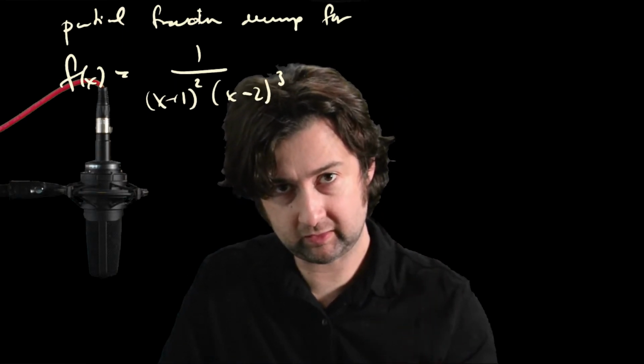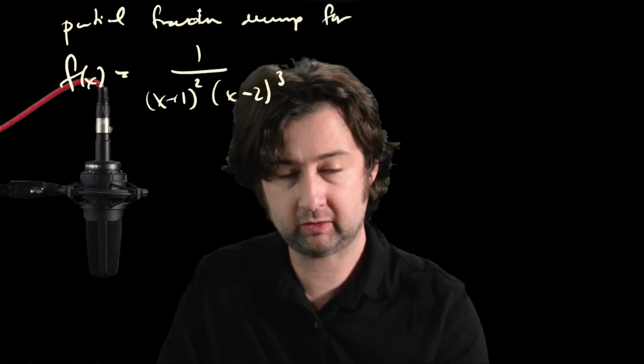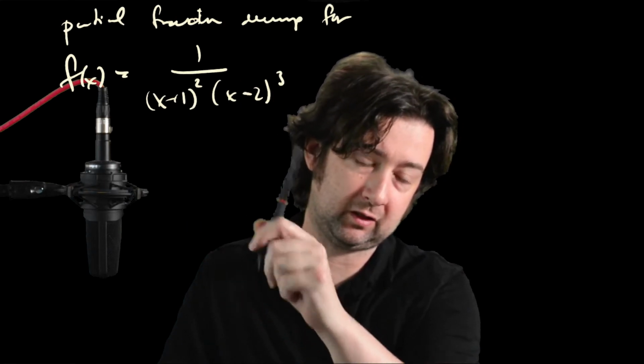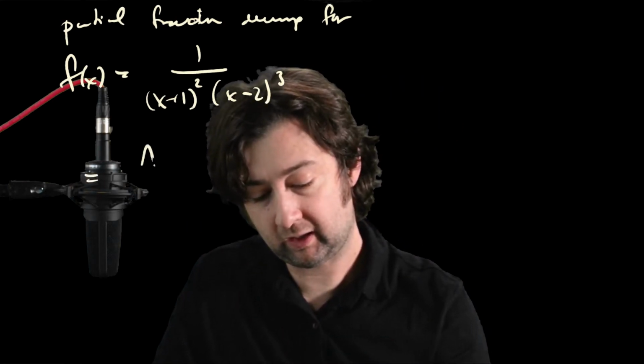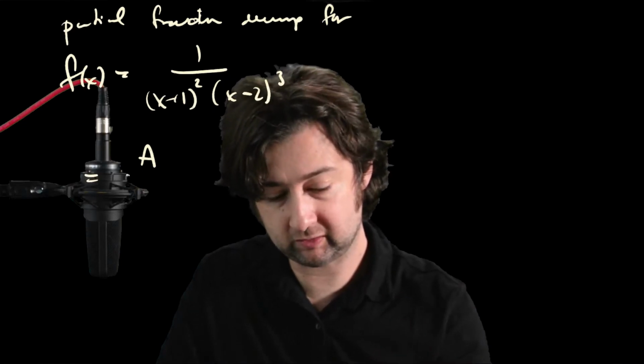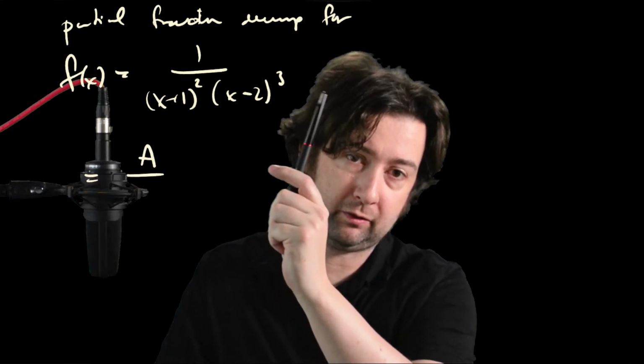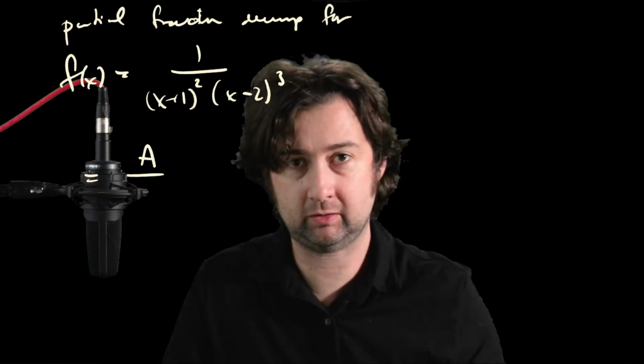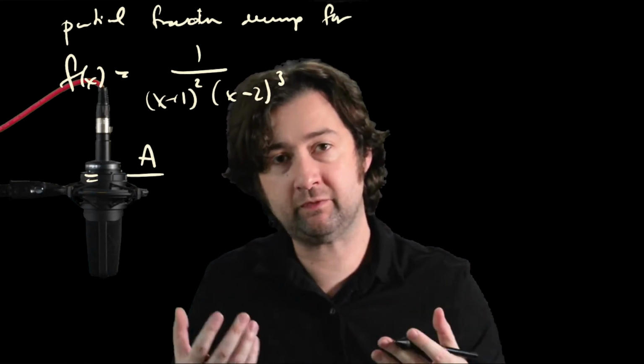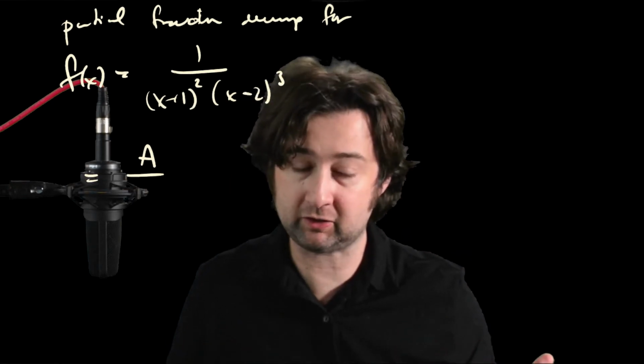The idea here is that I'm going to get partial fractions that correspond to both the x plus 1 term and the x minus 2 term. And because I have repetition here, there are going to be 2 fractions that correspond to the x plus 1 and 3 fractions that correspond to the x minus 2. But those denominators have to be different, or really I haven't written down 3 different fractions.